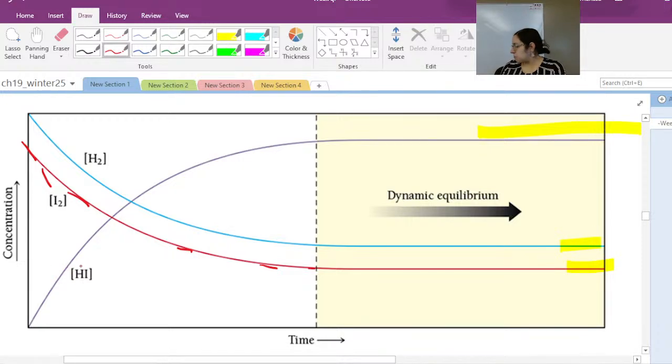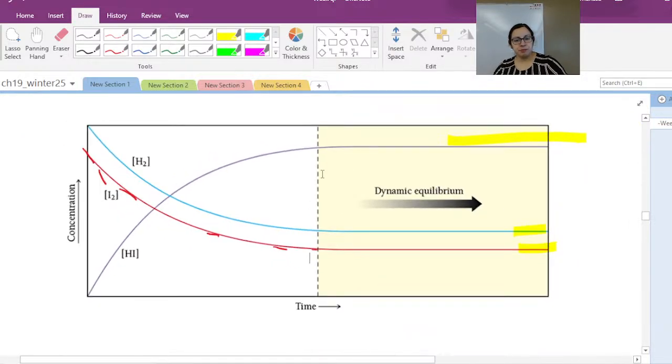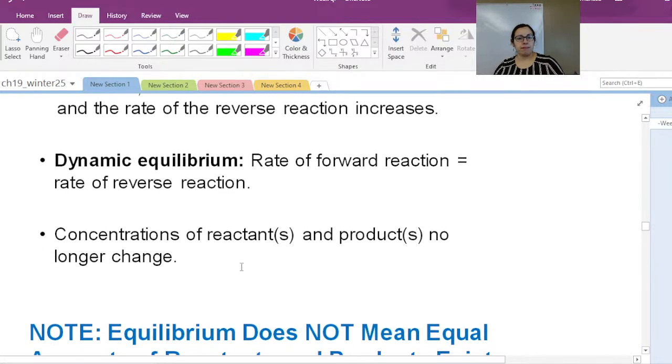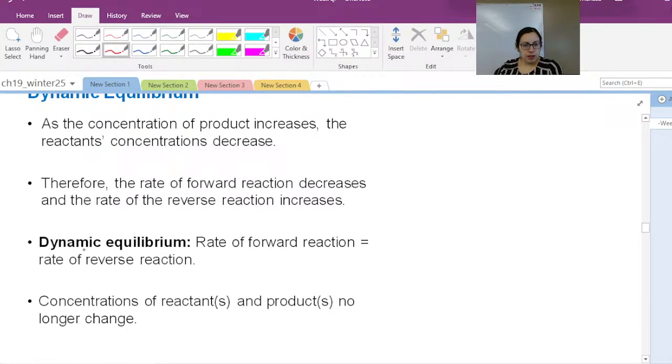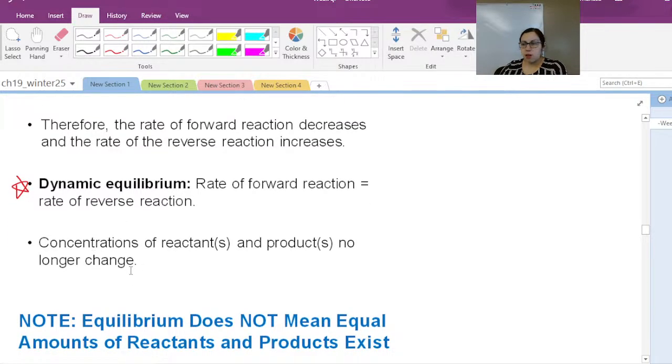Then we can appreciate HI forming, and then reaching our dynamic equilibrium state. And again, at dynamic equilibrium, the forward reaction equals the reverse reaction, so no overall change in concentration.